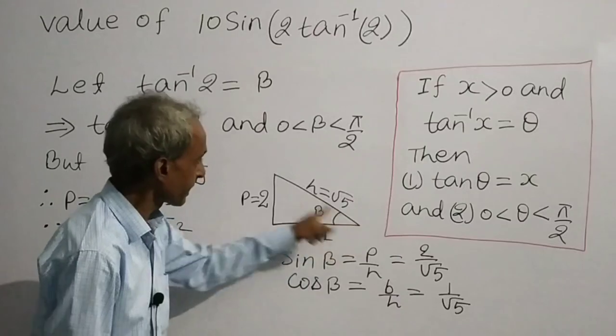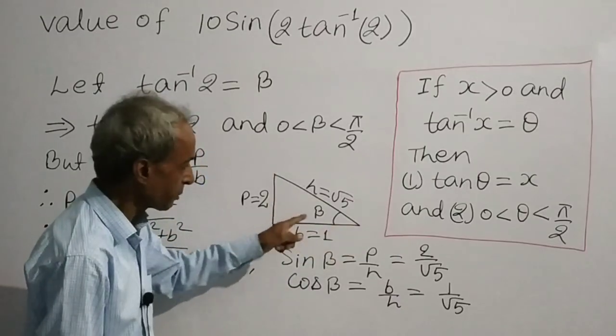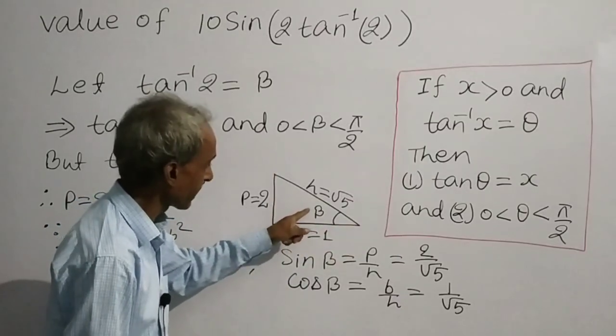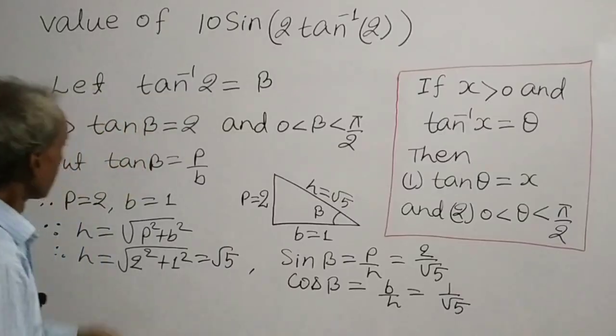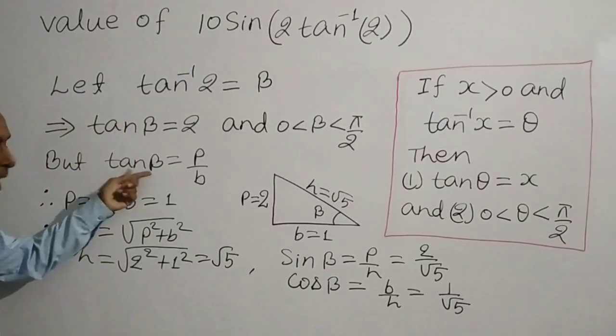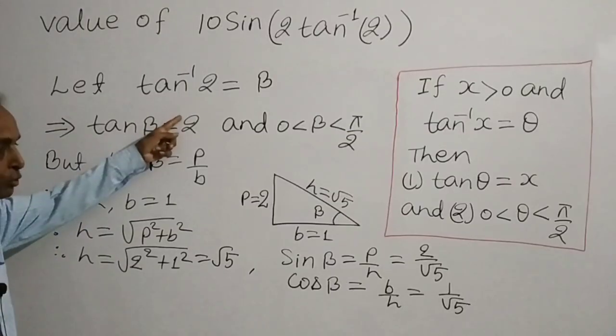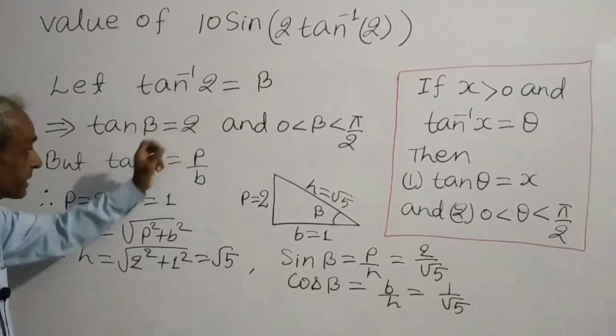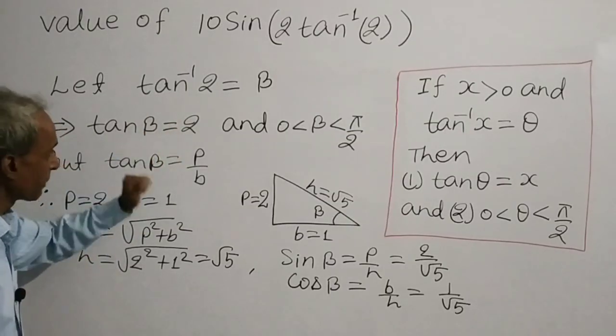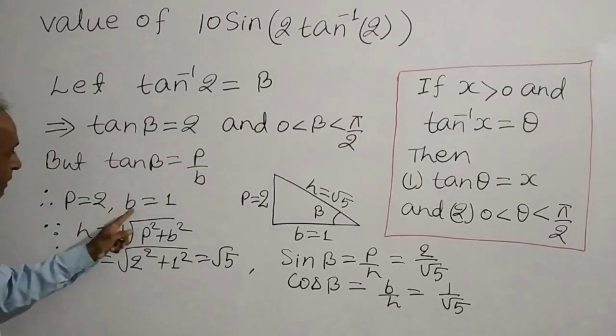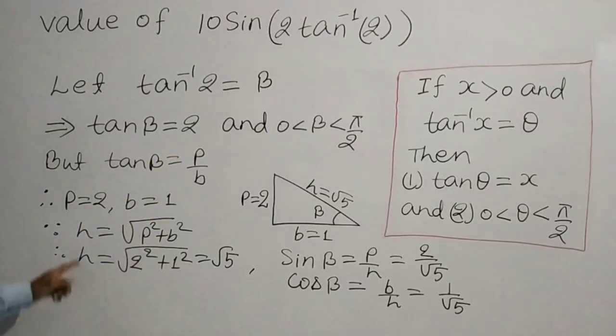Here we construct a right angle triangle in which we suppose this angle is beta. But tan beta is p by b, and here tan beta is 2. 2 can be considered as 2 by 1, that means p is equal to 2 and b is equal to 1.